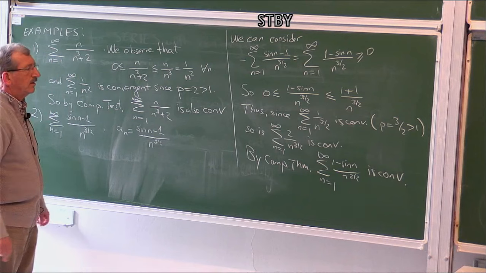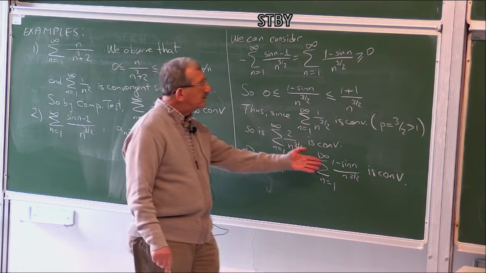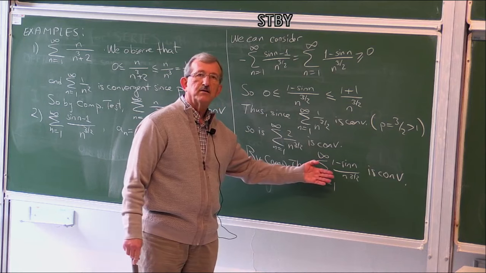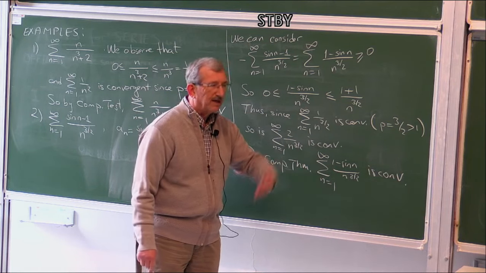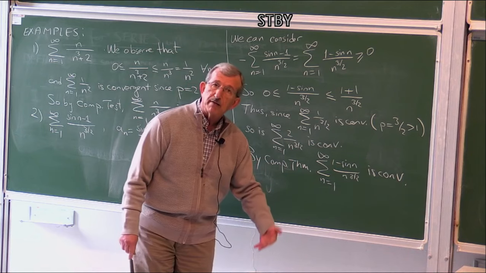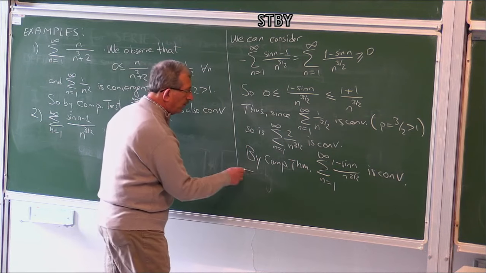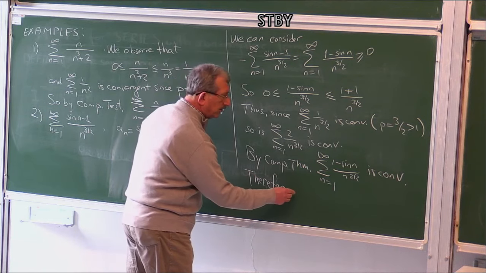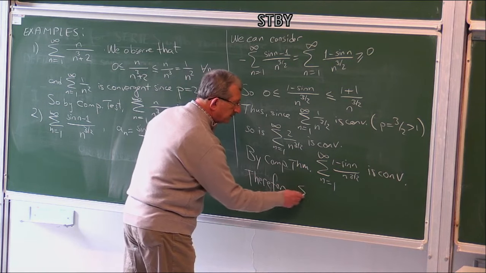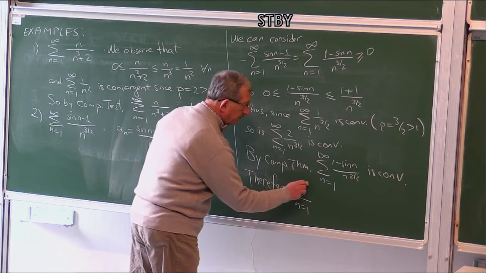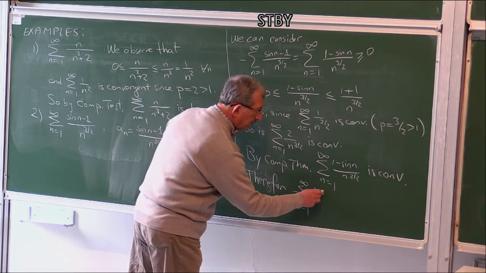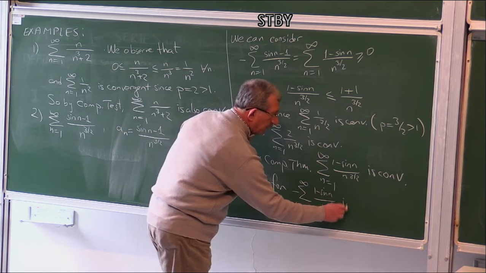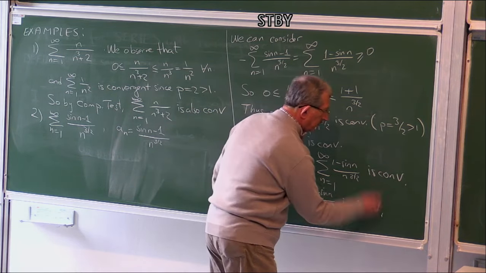Well, that means there's a certain limit of partial sums. So if you multiply it with a minus sign, you will have the negative of that limit, but still you will have a limit, and therefore the negative of this is convergent as well.